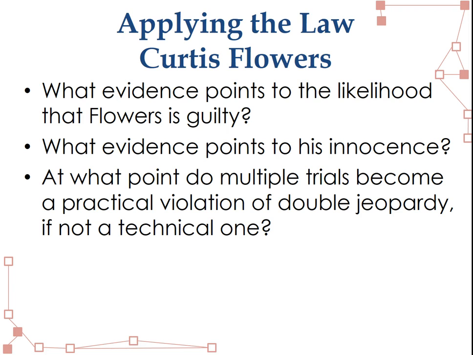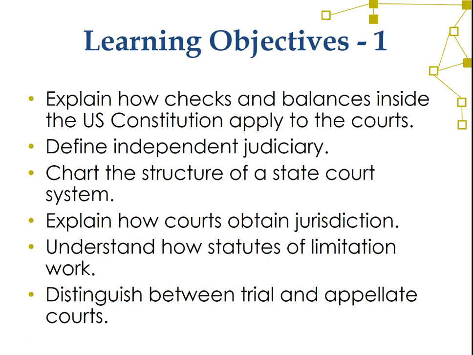So when you read that case study, what evidence points to the likelihood that Flowers is guilty, and what points to his innocence? And at what point do multiple trials become a violation, if you will, of double jeopardy and not a technical one? And because of a technical issue, should we allow a retrial? There's just so many things to think about when it comes to this.